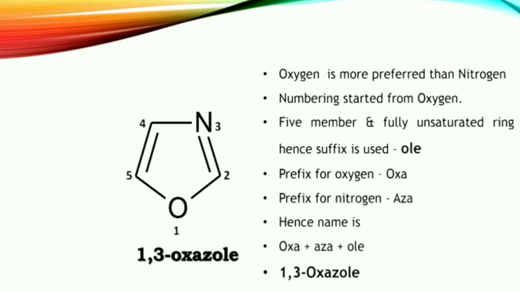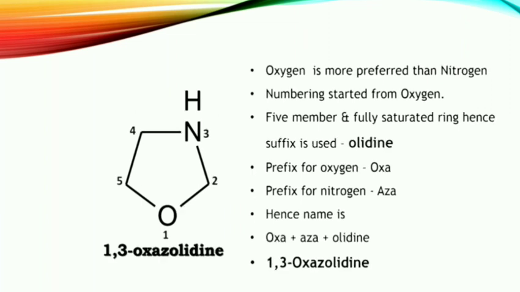So the name will be oxa plus aza plus ole, with the positions of the heteroatoms, 1,3-oxazole. This is how you give the numbering.